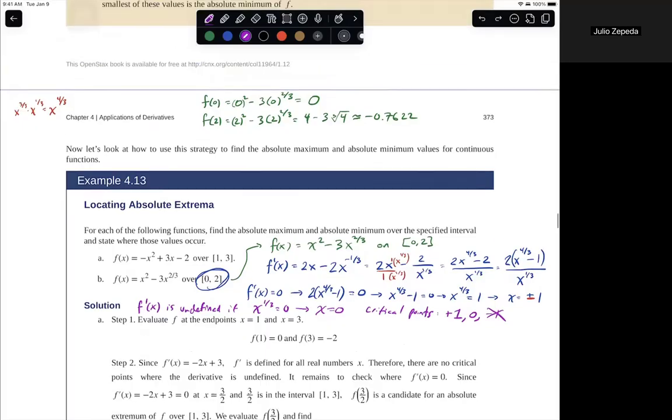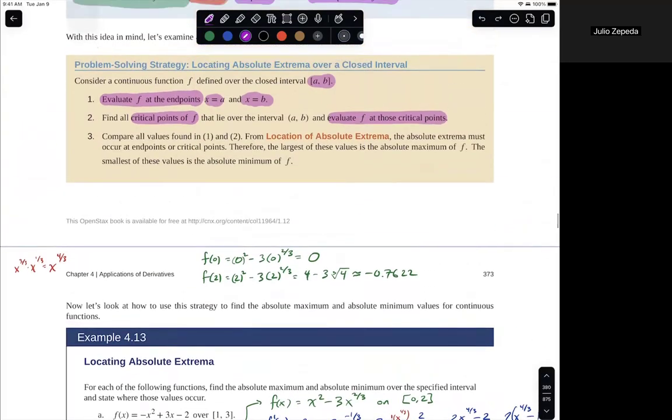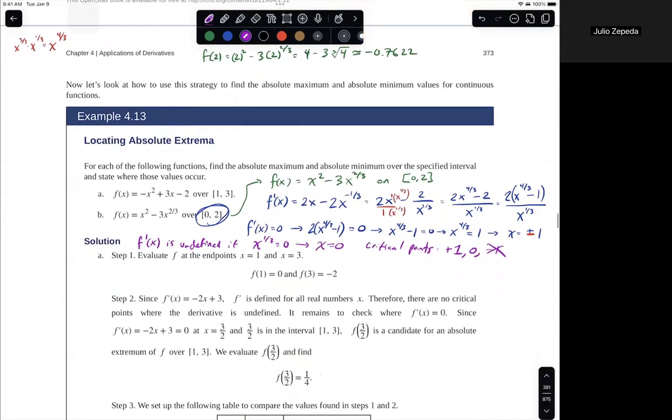And so the last step here, once we find the critical points in step 2, now we evaluate f at those critical points. So let's go ahead and evaluate f at positive 1. f of 1 is 1 squared. And you know what?